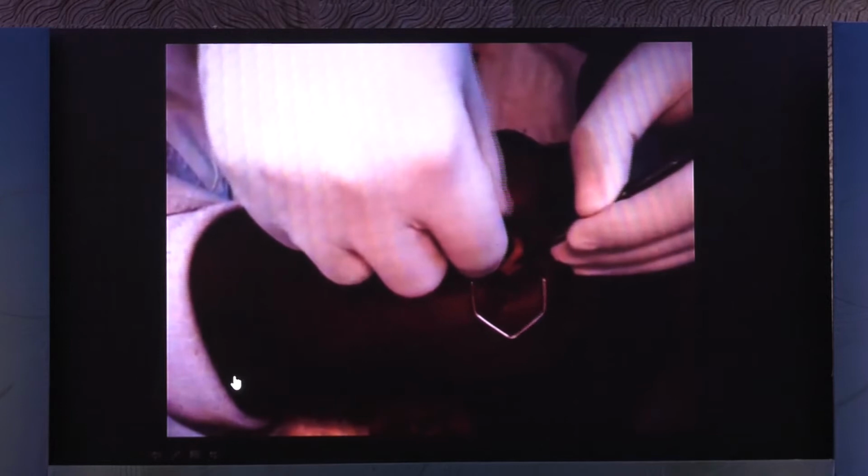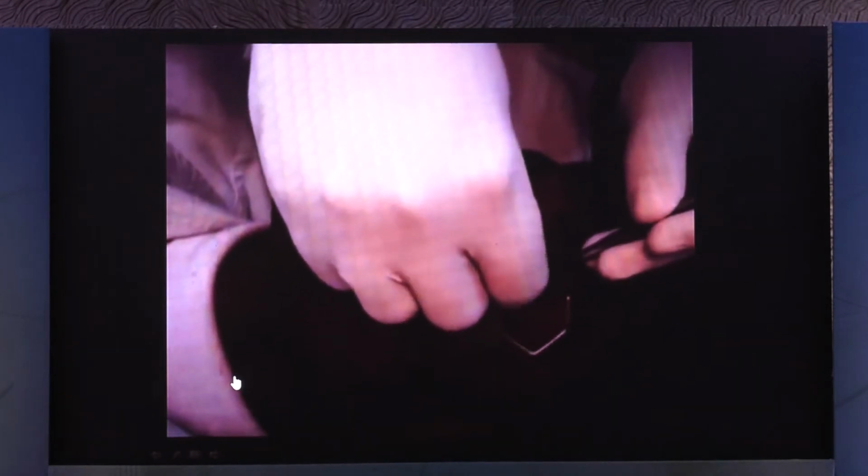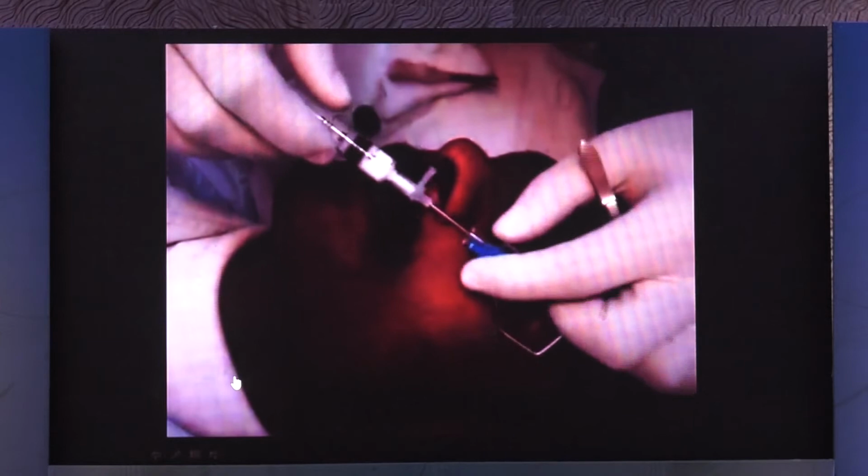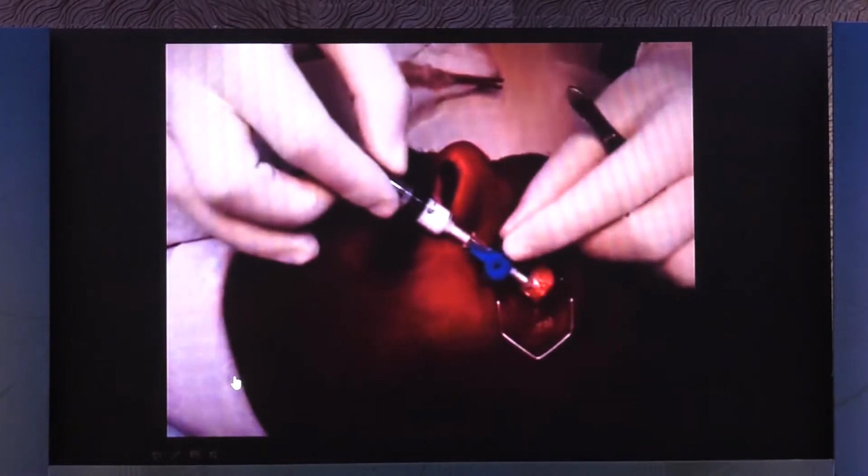Then with sweeping or rotatory movements of the cannula, you enter, and when the hub reaches the conjunctiva, you can take out the stylet and then inject the medicine.